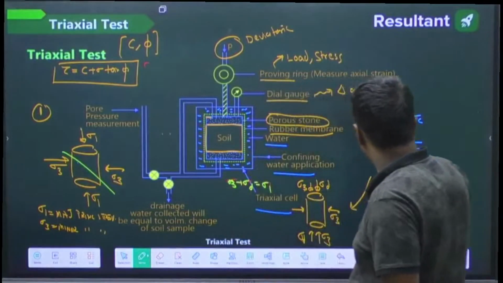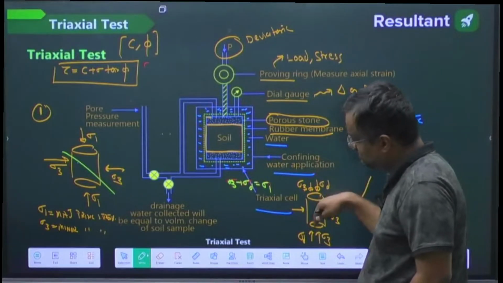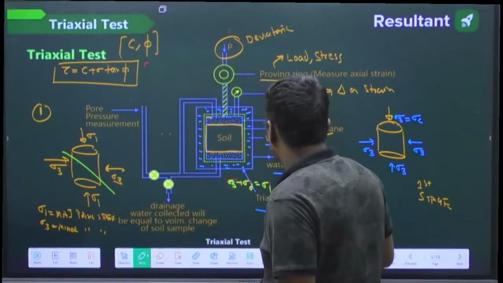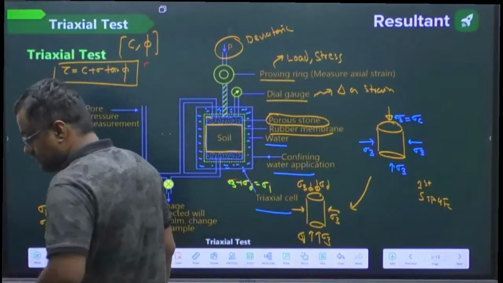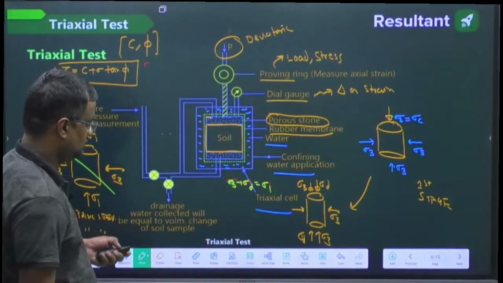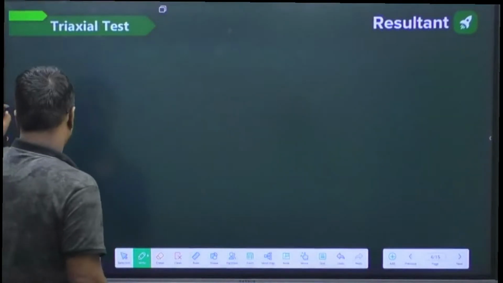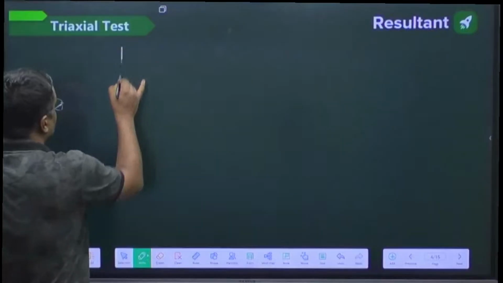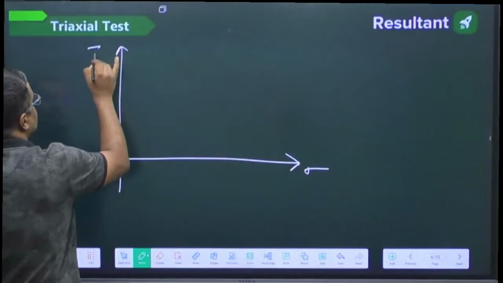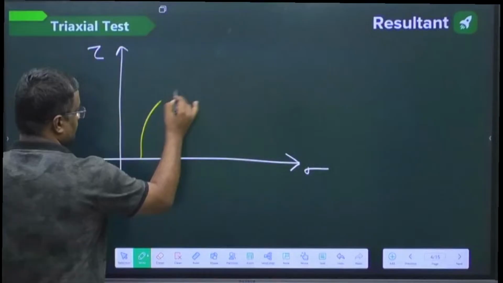So this is the first stage, when I am applying sigma 3 from all around, and then I apply the deviatoric stress from the top, and finally it looks like this. Now if I draw the Mohr circle for this, this is the normal stress, this is the shear stress, and this is the Mohr circle.